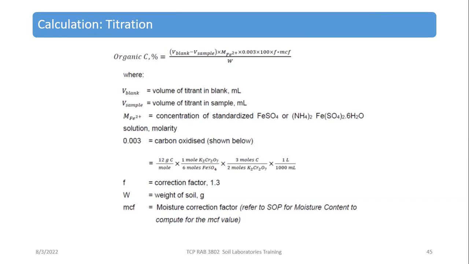And 0.003 is the carbon oxidized as shown below. F is the correction factor, which is equal to 1.3, and weight is the weight of the soil, and MCF is the moisture correction factor.